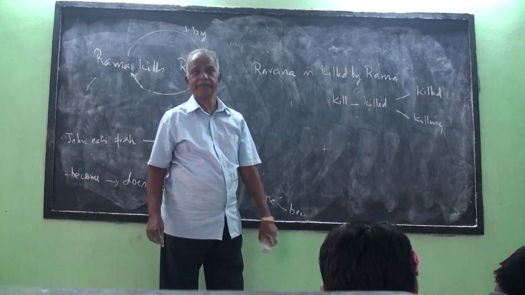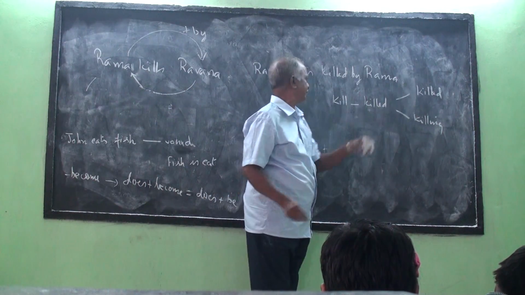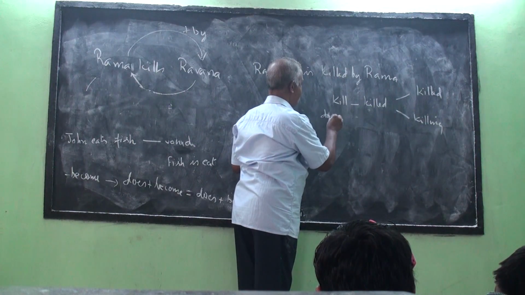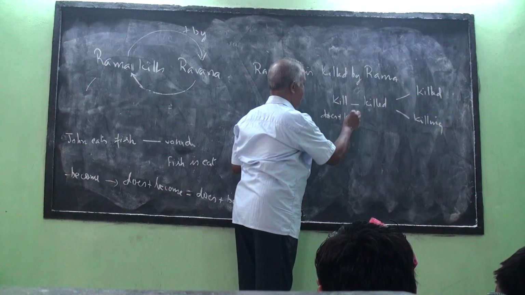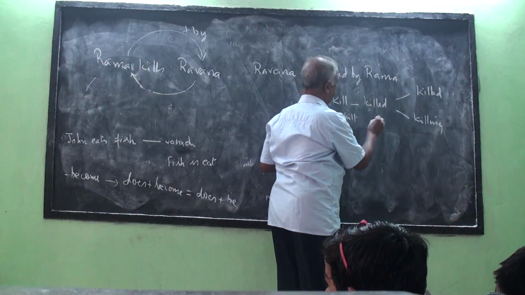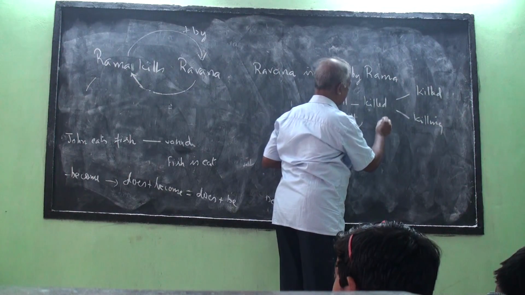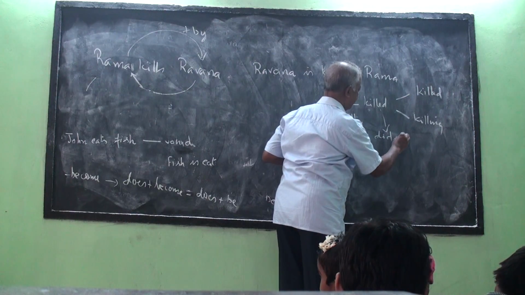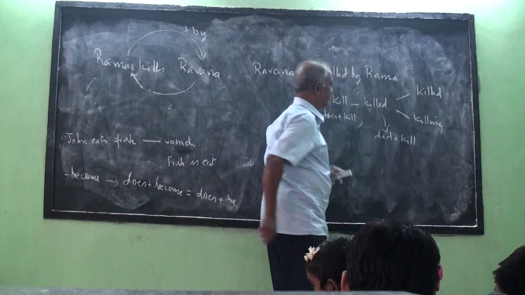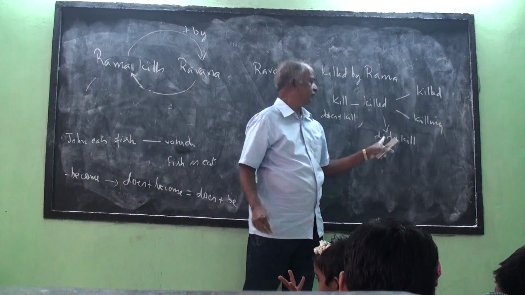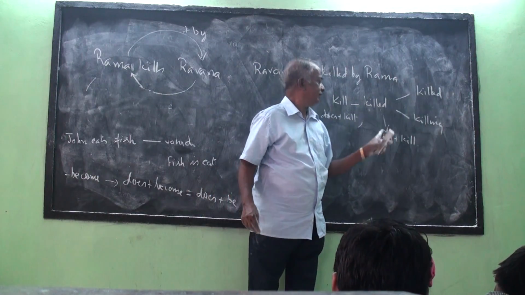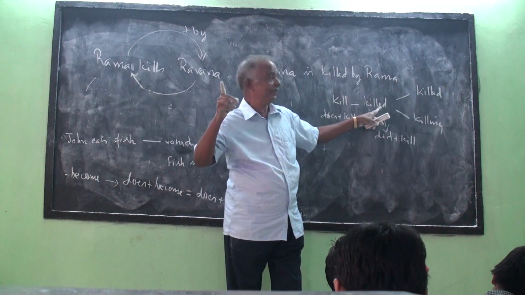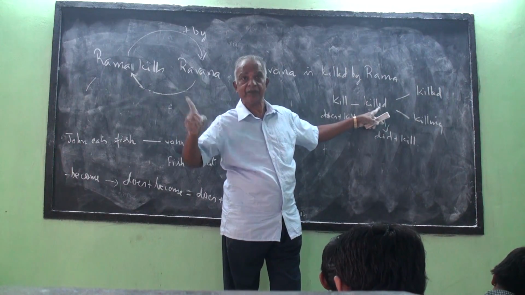Can anyone understand the difference between this kill and this kill? This kill is less plus kill. This kill is this plus kill. This kill has not been. So there's a difference between past tense and past participle.